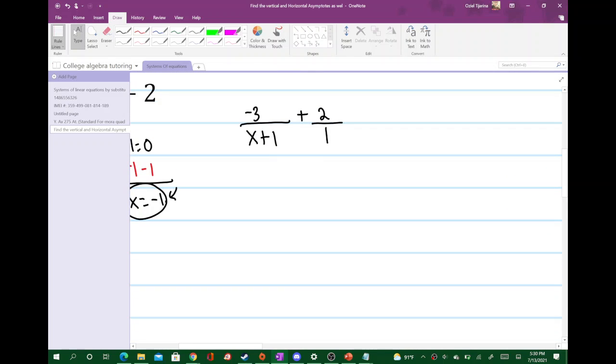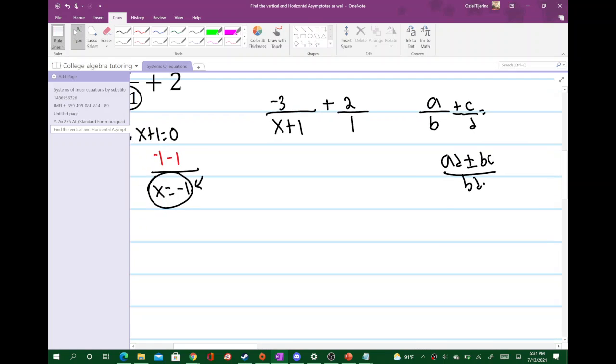Now, we can use this rule, a over b plus or minus c over d equals ad plus or minus bc over bd. It basically is cross multiplication. -3 plus 2 times x plus 1 all over x plus 1, right?